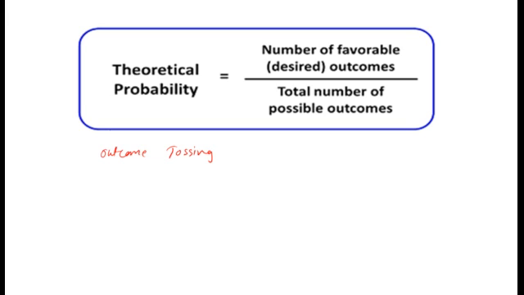Tossing a coin has two outcomes, head and tail. Suppose I have selected head, so there is one outcome in my favor out of two. So the probability that I will start the game is 1 by 2. This is the formula: number of favorable outcomes divided by total number of possible outcomes.